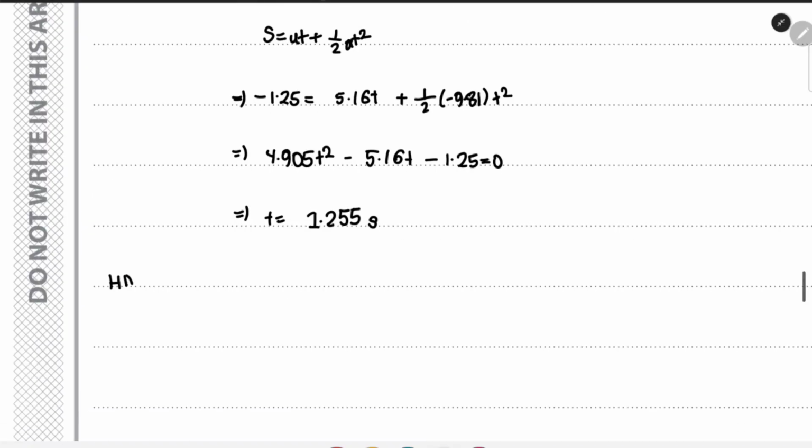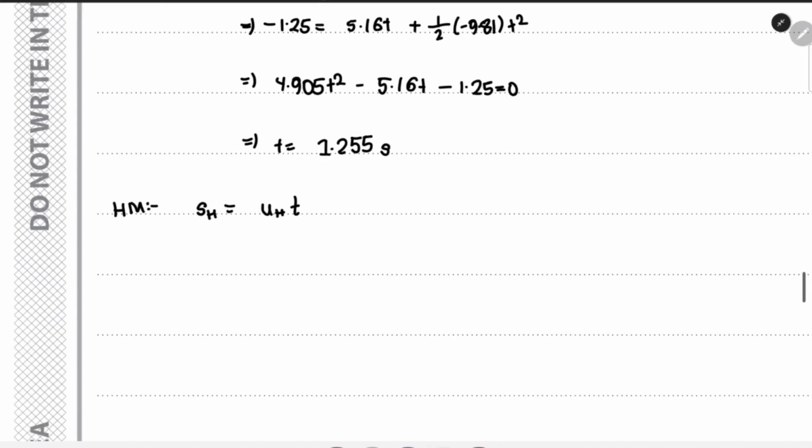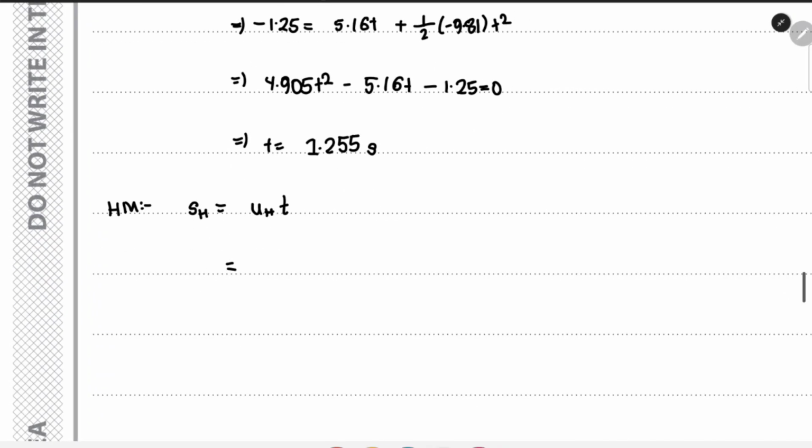Now I'm considering horizontal motion. The horizontal displacement will be the initial horizontal velocity multiplied by time, since we are assuming air resistance is negligible. Initial horizontal velocity is 6.3 cos 55. We have calculated this in part A, and we multiply 1.255 with this.